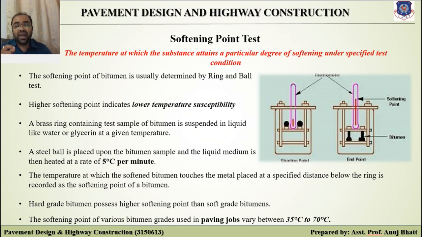If a bitumen has a higher softening point, that means this kind of bitumen is preferred for use in warm climates. So if a bitumen softens at a 50 degree temperature, that kind of bitumen you can use in warm atmospheres. So let's talk about this test.